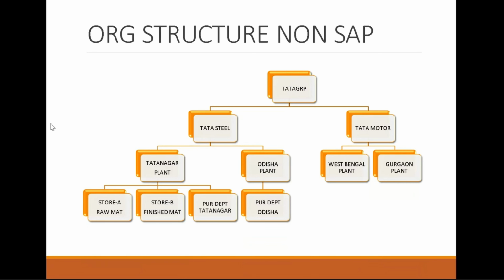Now let's say from today onwards Tata Group is going to start using SAP. Now how can we convert this organization structure to our SAP organization structure, and how will they be named, or how do we call it inside SAP.